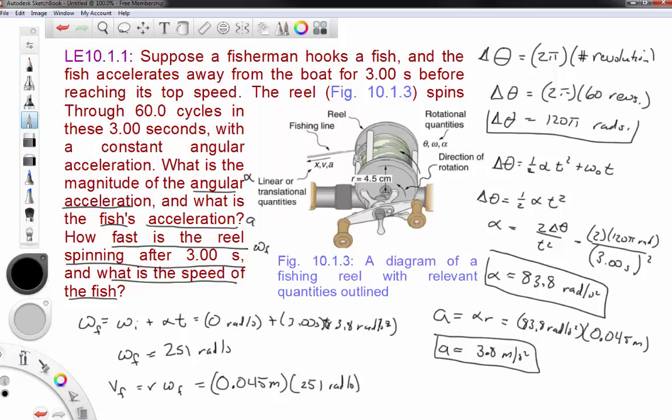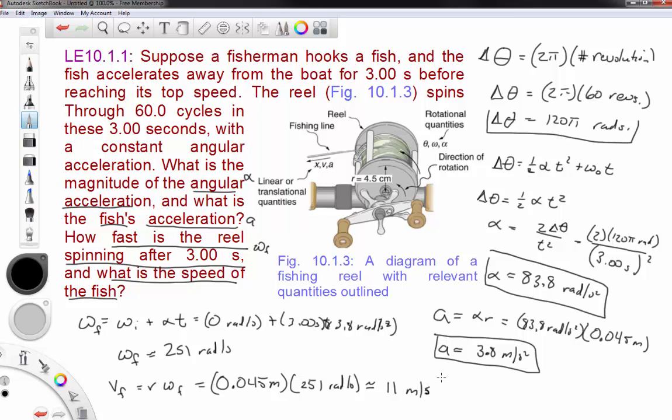So the final speed of the fish should be about 11.3 meters per second. Since this is 2 significant figures, we'll say 11 meters per second. So that is the final speed of the fish.